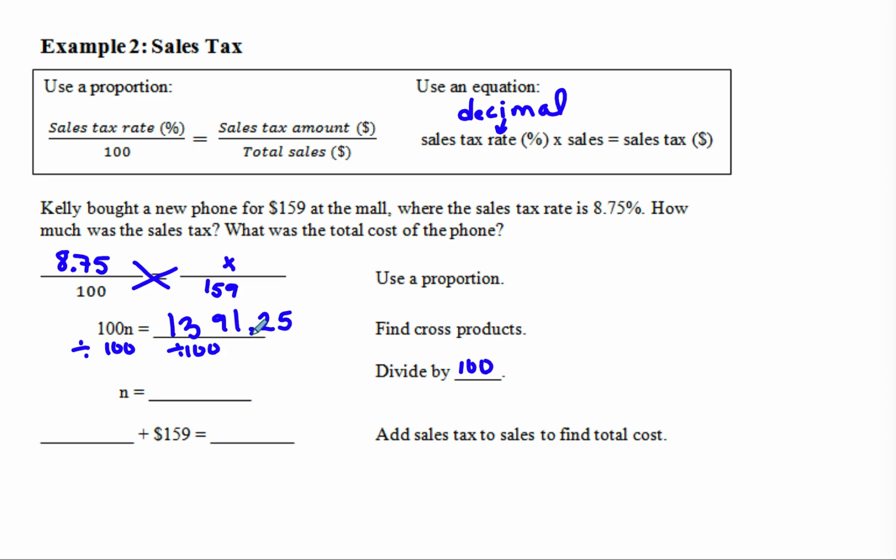Remember, dividing by 100 is like moving that decimal 2 places to the left. So I get 13.9125 dollars. But it's money, and money can only have 2 decimals. So we're going to round that one to 13.91. So $13.91 is the sales tax paid.